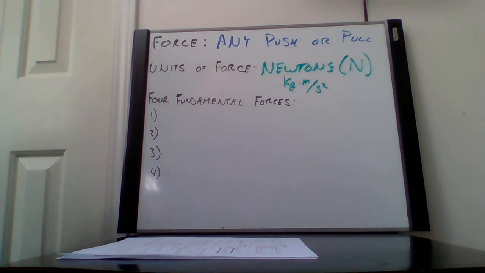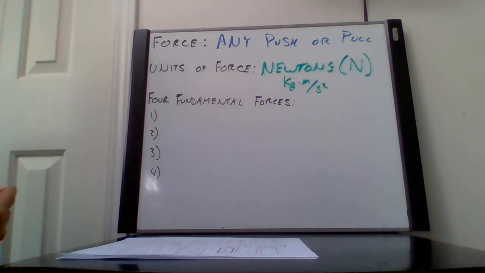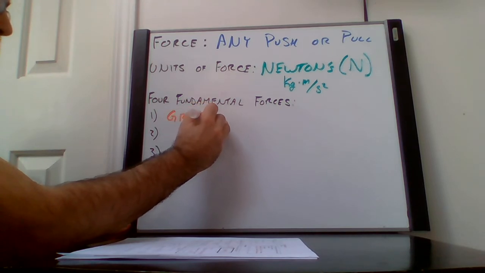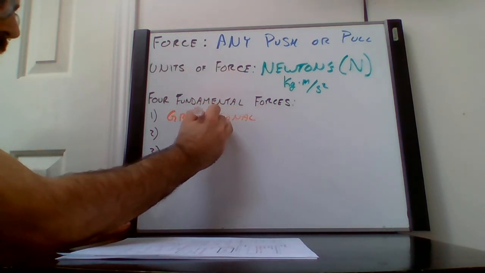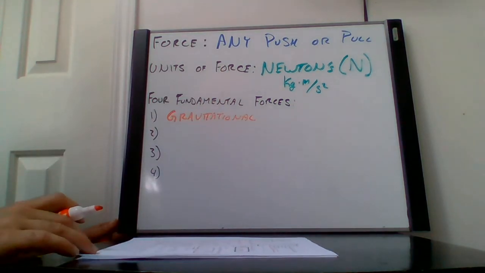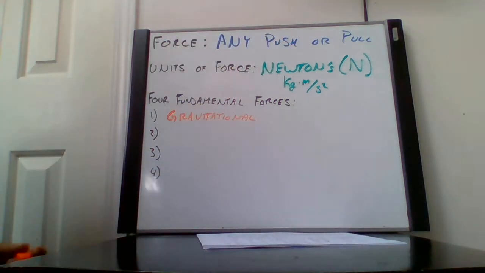All right. Next up, we want to talk about the different types. There are four fundamental forces. So the first one we're going to talk about here is gravitational. So we've got gravitational force. And that's the one we're going to be dealing with in this course, as well as possibly an actual physical push or pull.